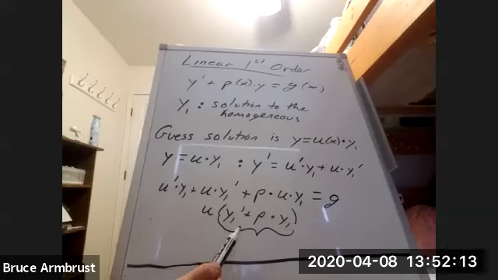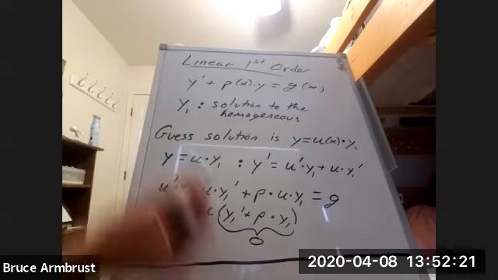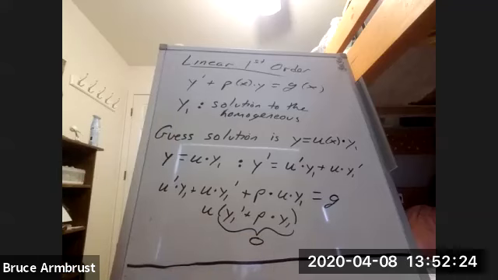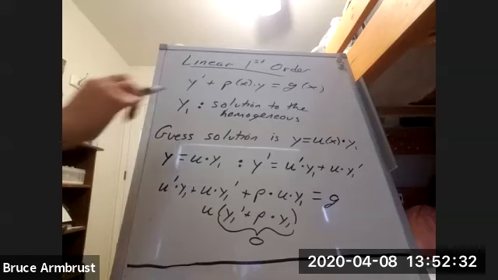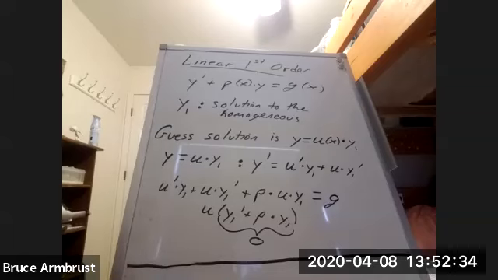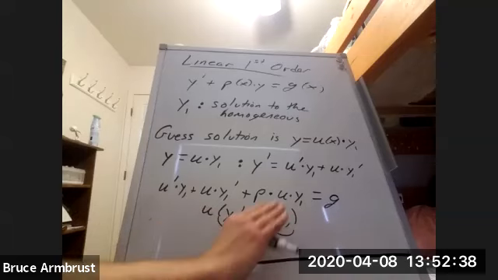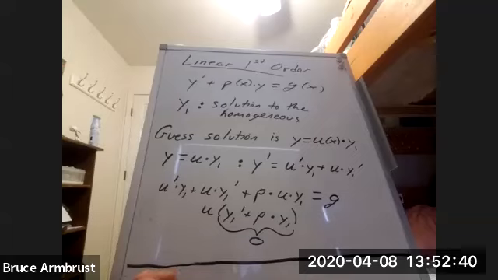What does homogeneous mean again? It equals 0, right? So this right there, that's all going to equal 0. y prime plus p times y, that's going to equal 0 when we plug in y1, because it was a solution to the homogeneous. All right, so that all goes away.